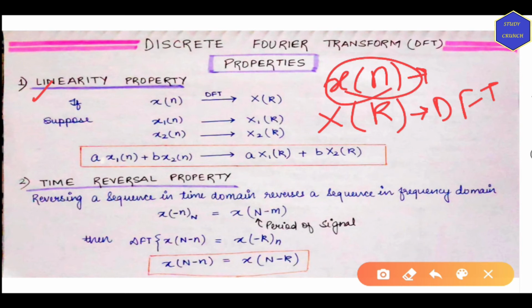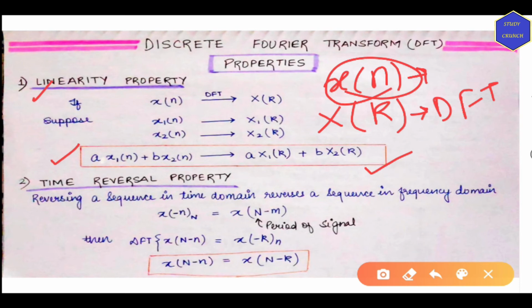If we apply an operation, a times x1(n) plus b times x2(n), then both can be added linearly. So the linearity property is satisfied.